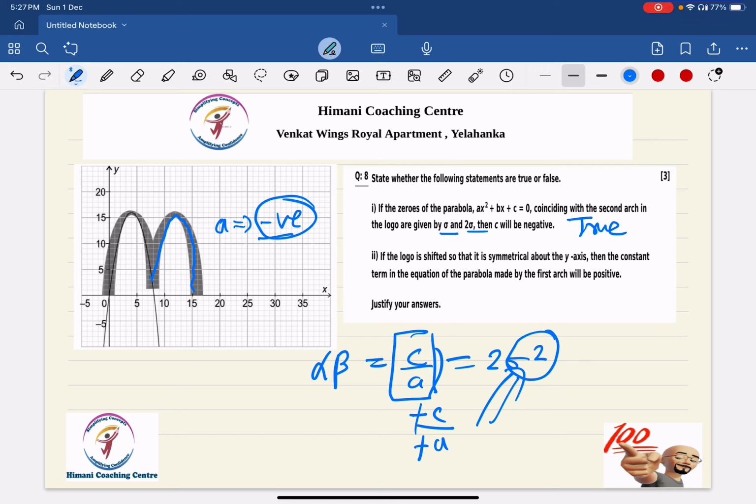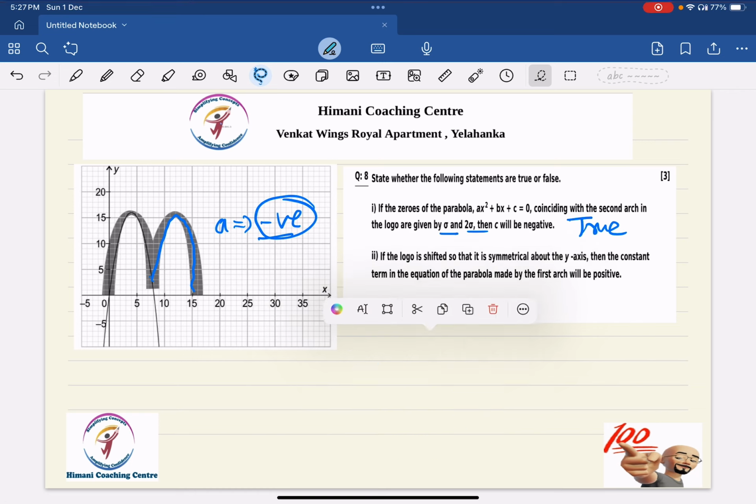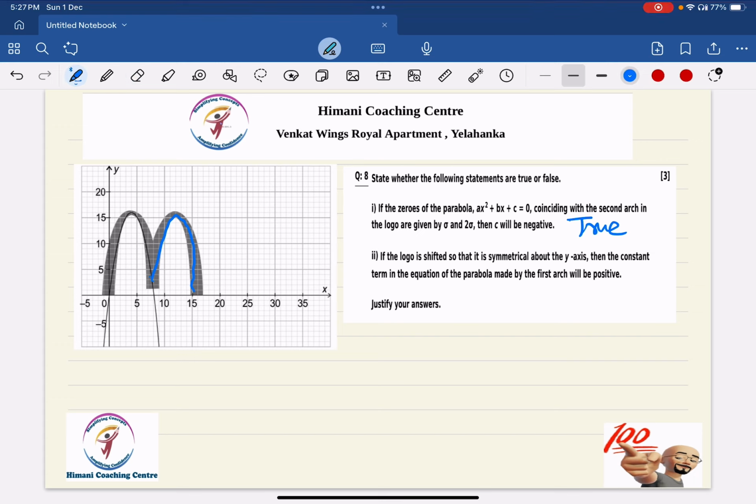So therefore, in order to get a positive value for c by a, when a is negative, c has to be negative. Again, students, this is the difference between your previous kind of questions and this year onwards, because this is checking your knowledge. Competency based questions are a bit different. You are applying what you have learned.